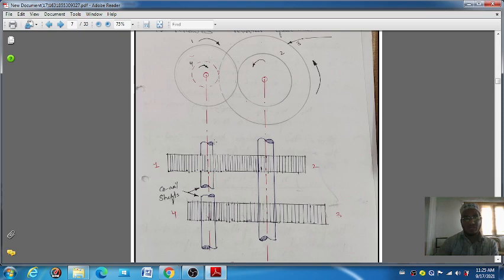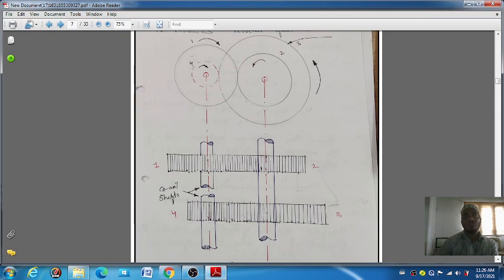Next, another two gears are on different shafts. In the reverted gear, on the same axis, two different shafts are there. On those two shafts two different gears are connected, and those two gears mesh with another two gears on the same shaft.